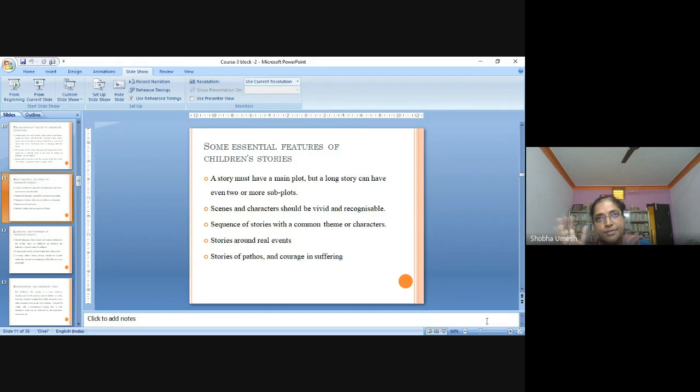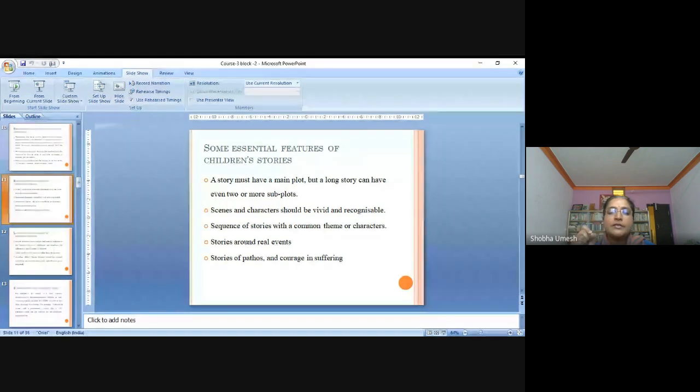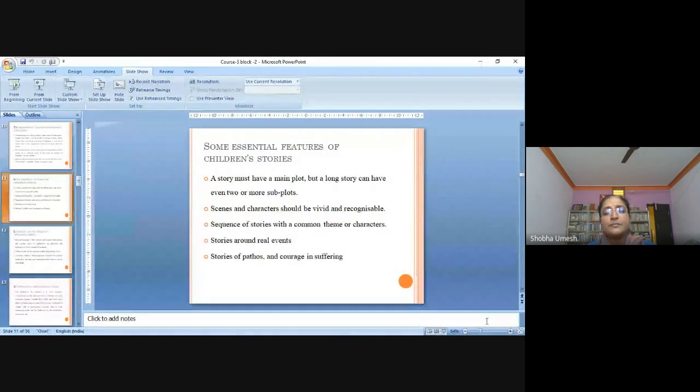When we select a story for young minds, it should be of one incident where it tries to teach them morality, or it might be with subplots also. If it is a long story, then you can have two or more subplots, but if it is a single plot, a small incident can be taken up.